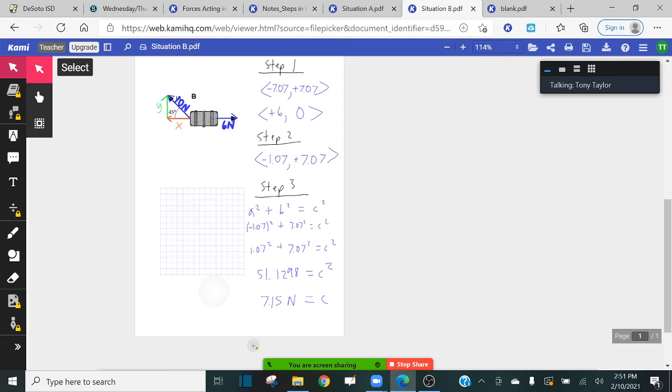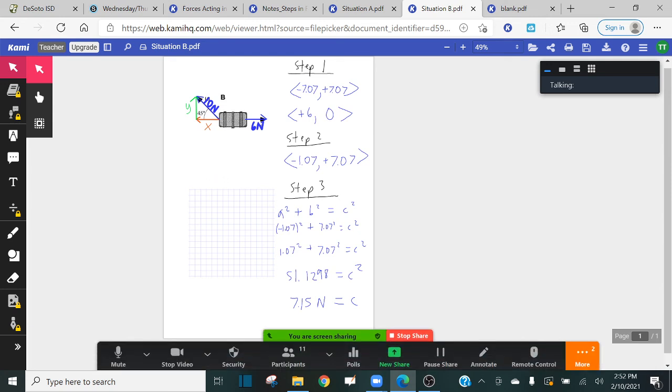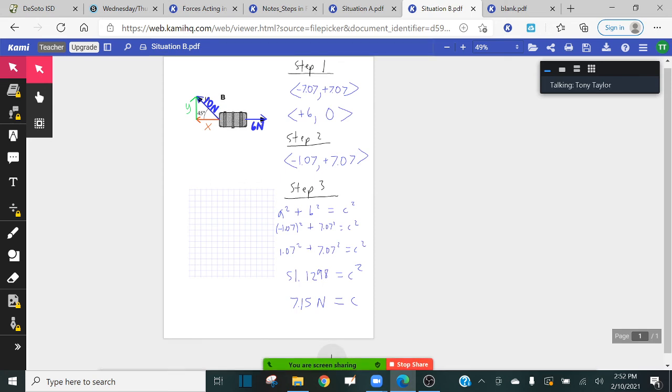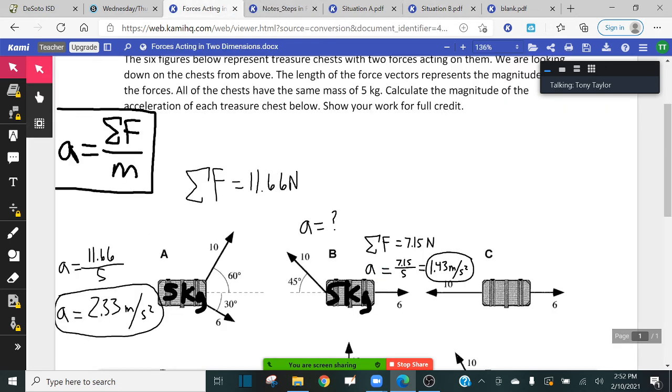All right. So guys, understand these 3 steps are how you find your net force. Once you find your net force, in other words, when you combine both your vectors, then you just divide it by the mass to get your acceleration.